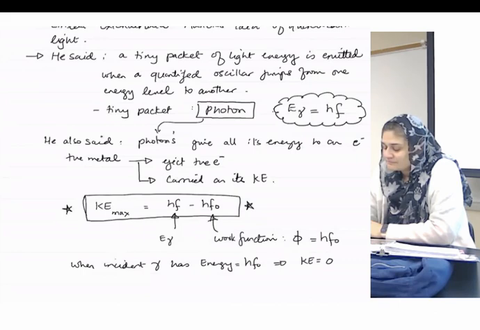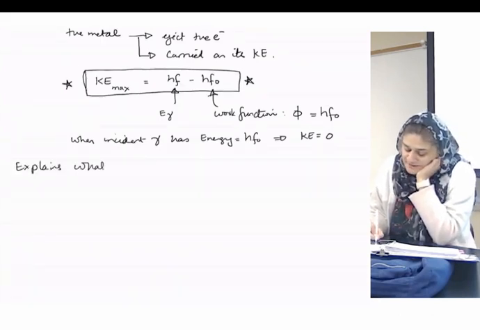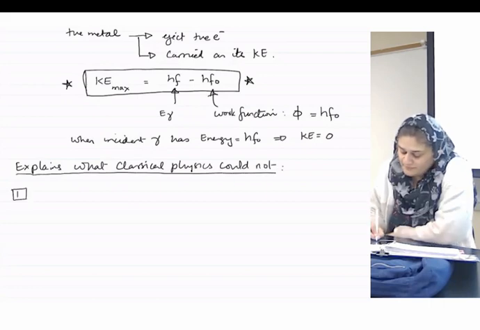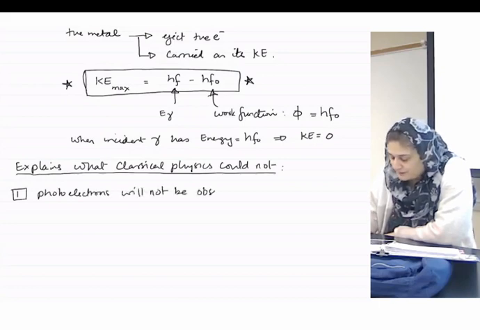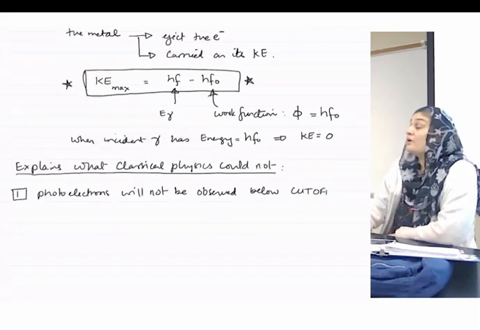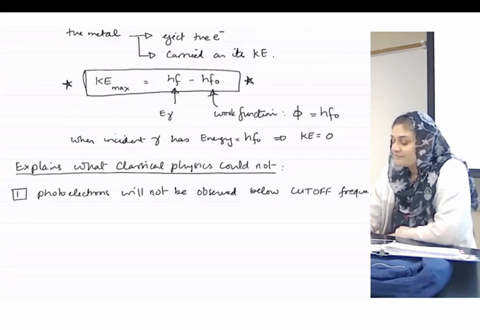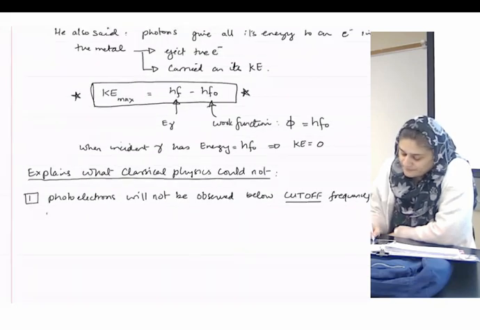So, how does this help us explain things? Well, that's the genius, because it explains what classical physics could not. Number one, photoelectrons will not be observed below the cut-off frequency. They called that particular frequency the cut-off frequency, f0, regardless of the intensity of light.